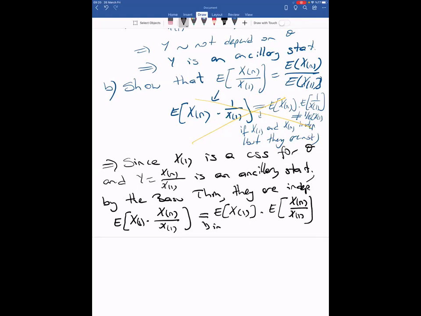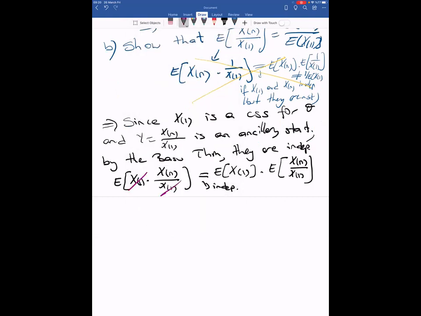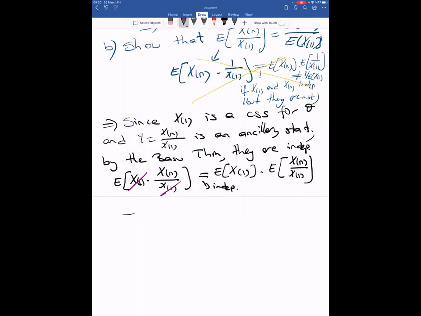Because of independence, we can do that. If they are not independent, we cannot. Here this x1 and this x1 immediately cancel out.